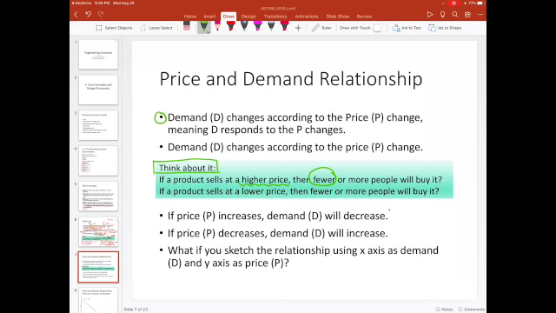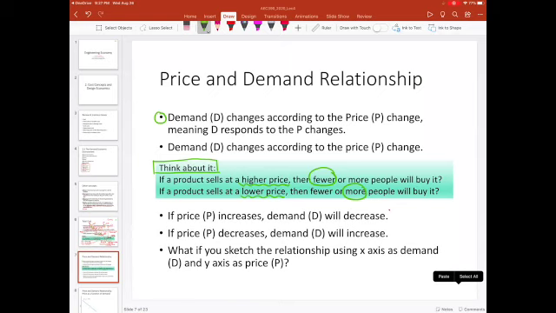They might choose another cheaper one, right? So the demand is going to be lower. And second, if a product sells at a lower price, will more or fewer people buy it? If it's cheaper with the same quality, of course, more people will buy it, right? So these two situations are very easy to understand. We see it every day on the market.